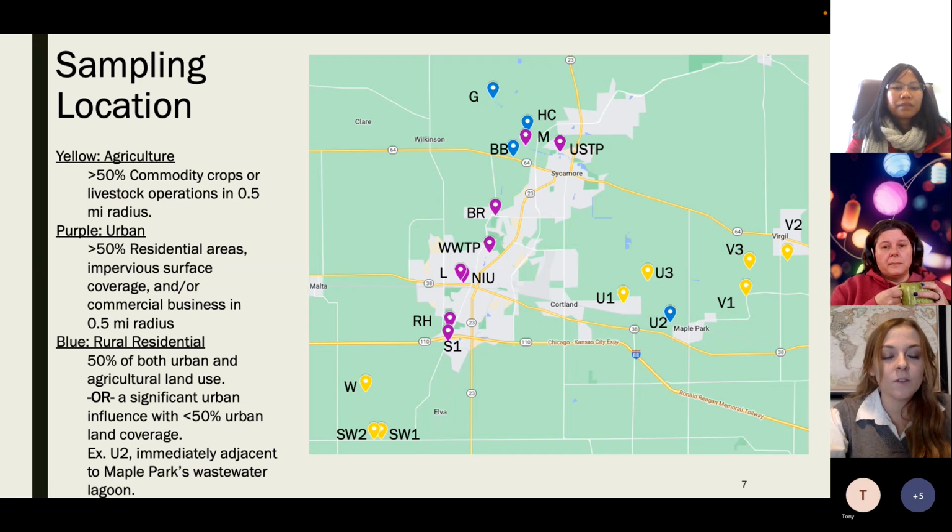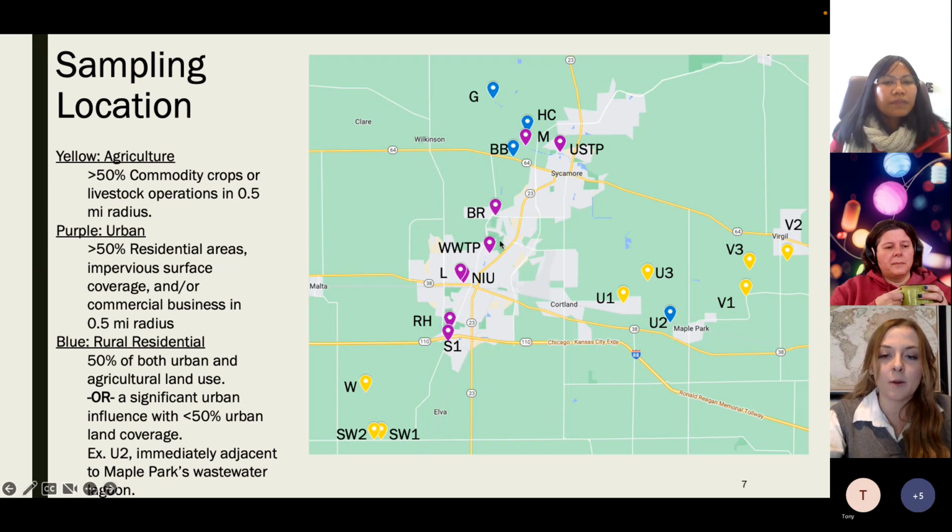They were considered agricultural if there is more than 50% commodity crops or livestock operations within a half mile of the sampling location, which was determined through Google aerial imagery. The sites listed in purple are the urban locations, and these sites had greater than 50% impervious surface coverage, residential areas, or commercial business.